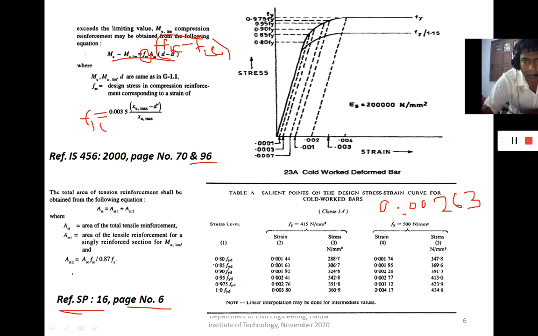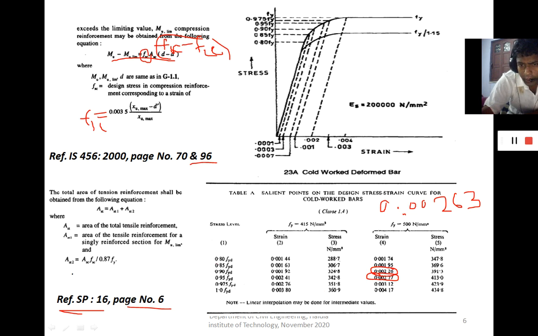So for different stress levels, this value is between 0.00226 and 0.00227.